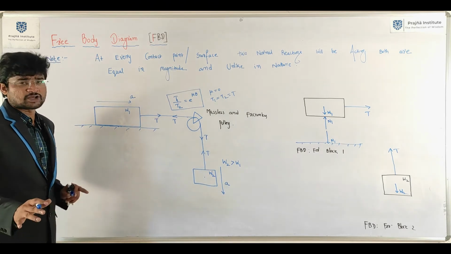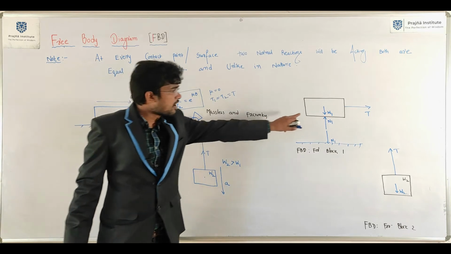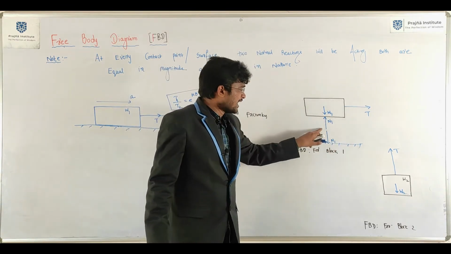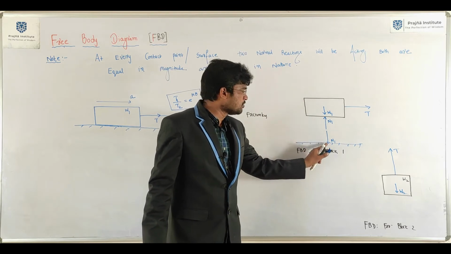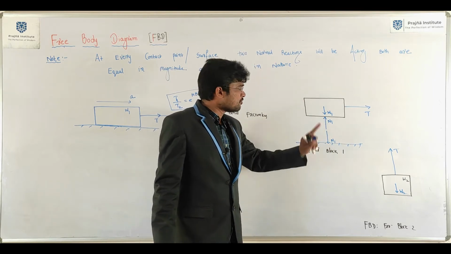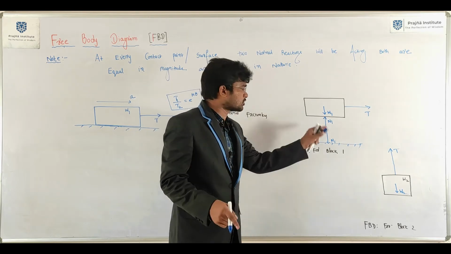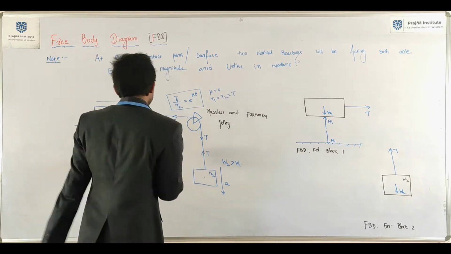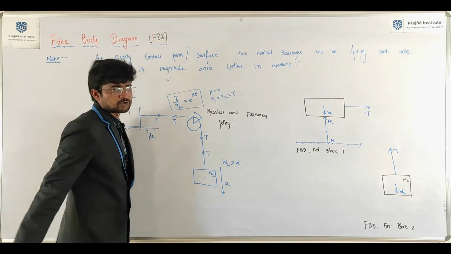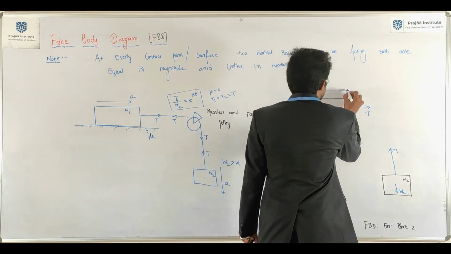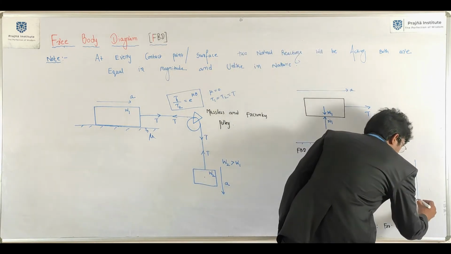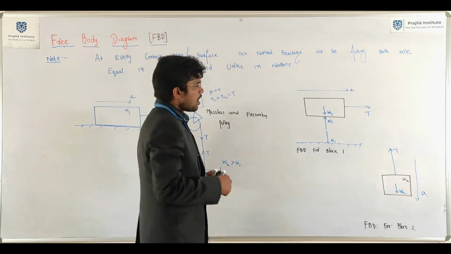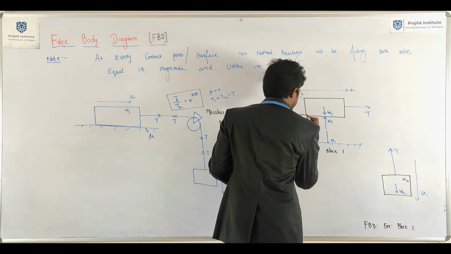So how many statements are over? Weight always acts vertically downward. Tension always pulls the body. At a contact surface, normal reaction acts perpendicular to the surface. At every contact surface, two normal reactions act, equal in magnitude and unlike in nature. After that, frictional resistance. It is a rough surface with coefficient of friction mu. So this is the acceleration. Inertia force always acts opposite to the direction of motion of the body.